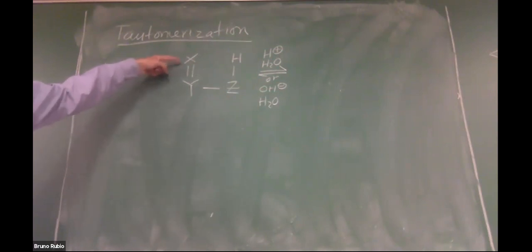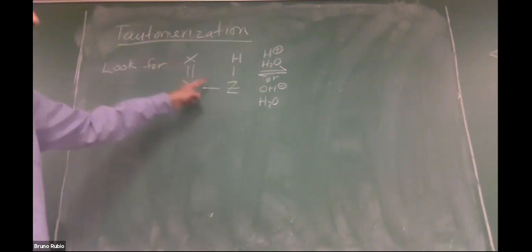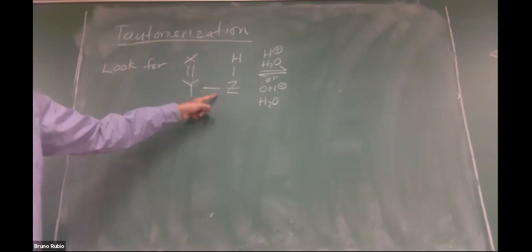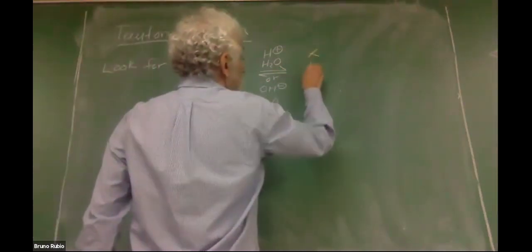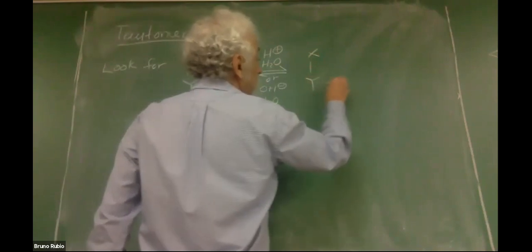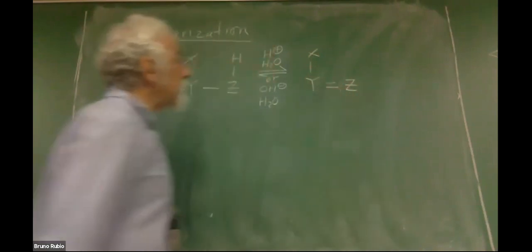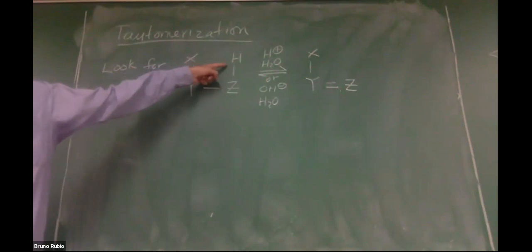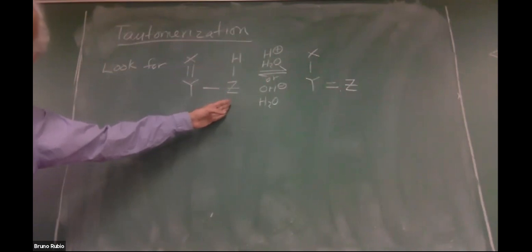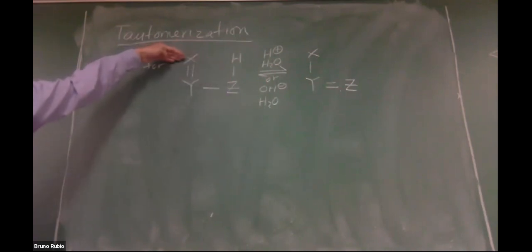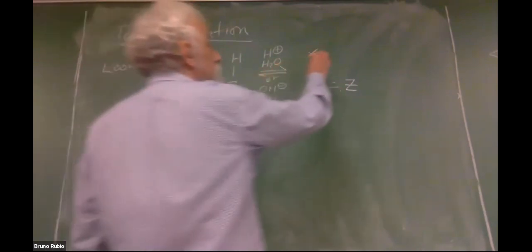And what happens is that the double bond switches places with the single bond. The double bond and the single bond change places, and the hydrogen appears to jump from the single bond end of the tautomerizable unit to what used to be the double bond end of the tautomerizable unit.